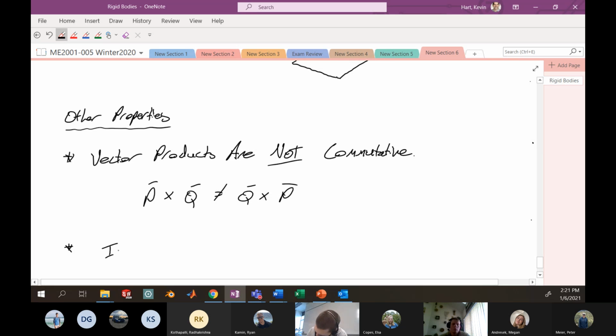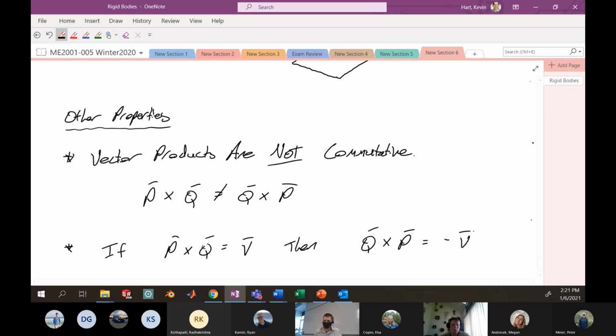So another property here: if P crossed with Q is equal to V, then Q crossed with P is equal to negative V. So these are all kind of in the same vein, not being commutative.